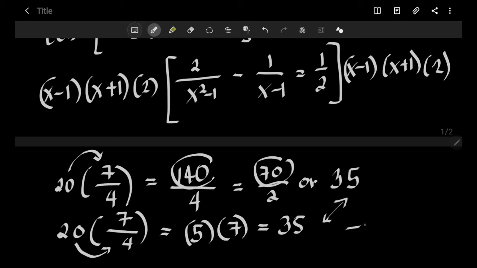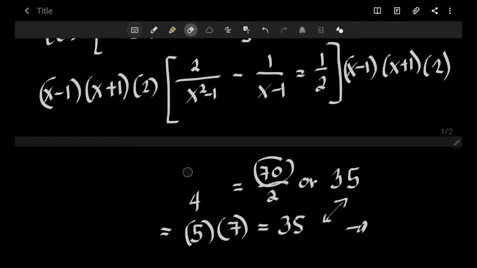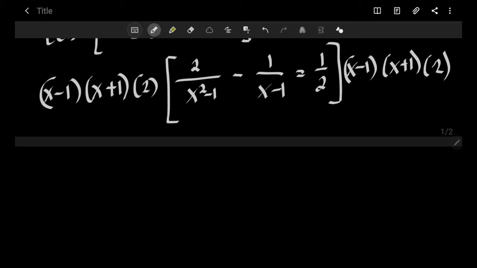So, itong process na to, yung gagamitin natin dito sa pag-multiply natin dun sa ating LCD at dun sa rational equation. Since ginawa na nating divisible, dahil nga ang LCD ay divisible naman dun sa bawat denominator.